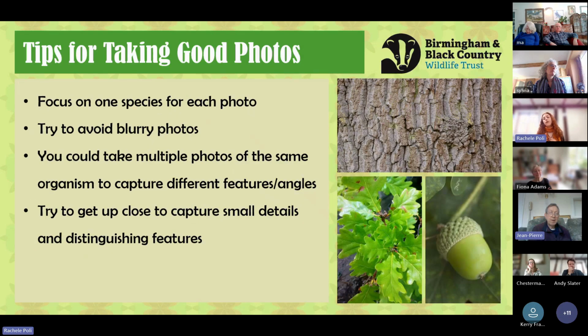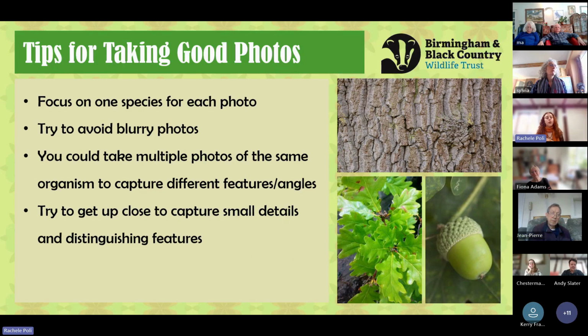So when you're taking photos for biological recording, there are a few tips and tricks that make the photo more useful. What I mean by that is it makes it easier for the species recognition tool to identify what you've seen, and it helps other people in the iNaturalist community refine your ID if you're not entirely sure what it is.